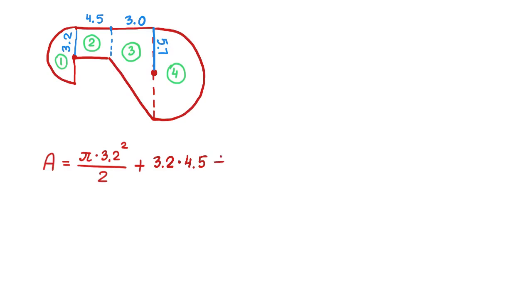Now let's work on the area of the third region. This region is a trapezoid, and let's recall the formula for the area of a trapezoid. The formula is A equals height divided by 2 multiplied by the lower base plus the upper base.